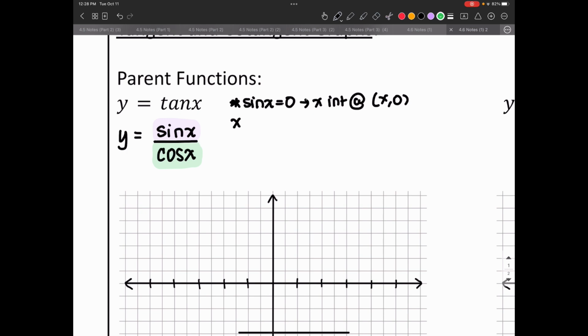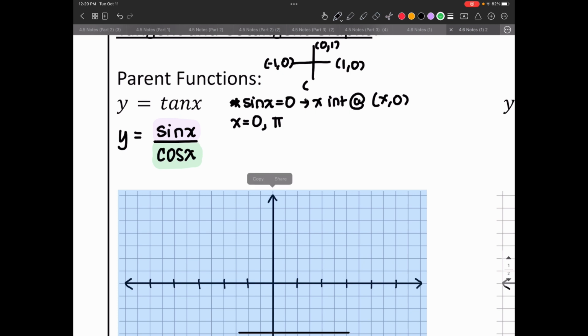And those are x values, so these are going to be angles that go inside of sine. The angles that make sine of x equal to 0, the first one would be 0. If I plugged in sine of 0, I would get 0. If I plugged in sine of pi, I would also get 0. So I'm thinking of sine as the y value, and I'm thinking on the unit circle. This is 1 comma 0, this is 0 comma 1, this is negative 1 comma 0, and this is 0 comma negative 1.